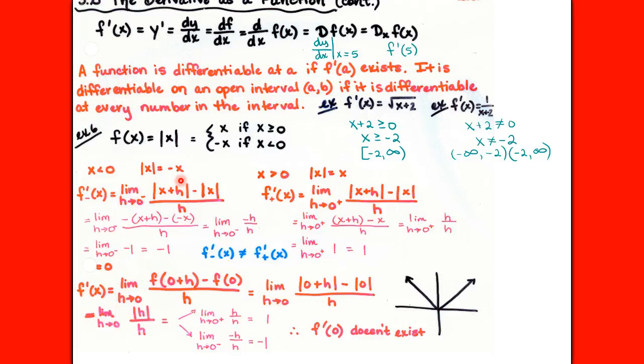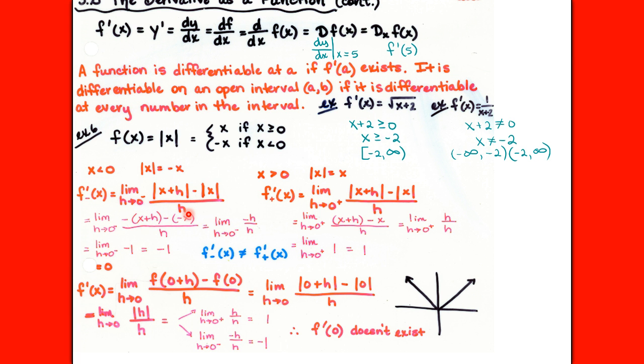So if I go through and I'm trying to think about what this derivative is going to look like for values less than 0, the definition of the derivative is the limit as h approaches 0. We'll come back and talk about this notation in a few minutes. I'm going to look at this as the limit from the left, of course, because we're looking at values less than 0. And remember that our definition is f of x plus h minus f of x, divided by h.